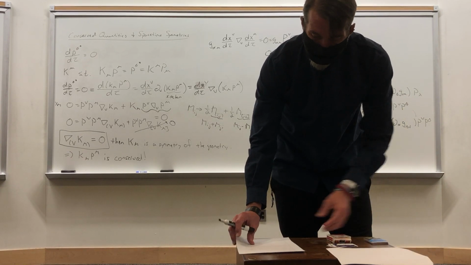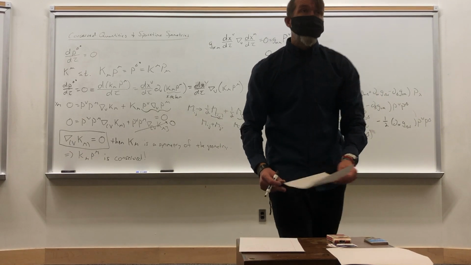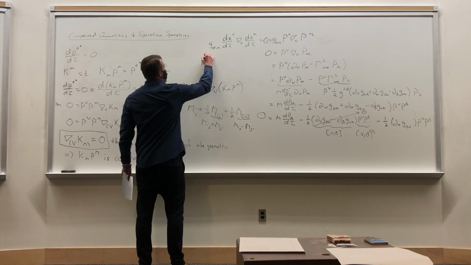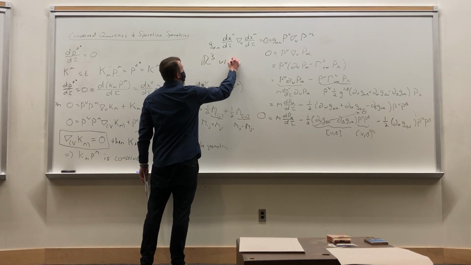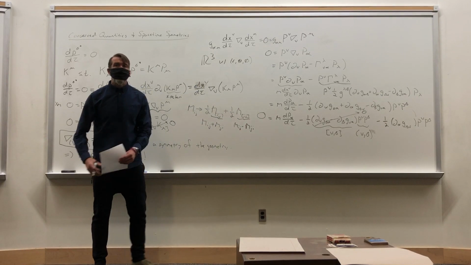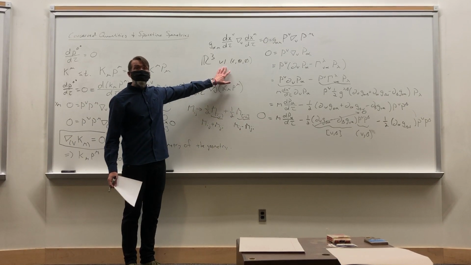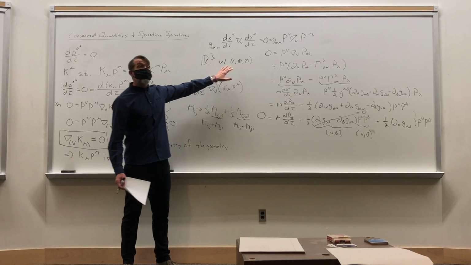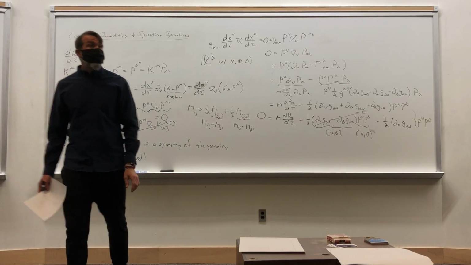Now what's astonishing about killing vectors is if I took R3 with R theta phi, I would find 3 killing vectors, because there are 3 obvious symmetries, even though the metric depends on R and theta.